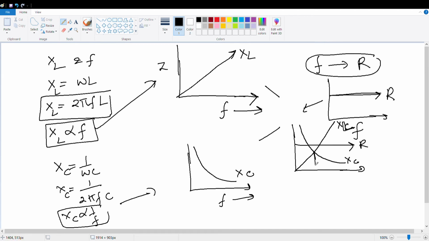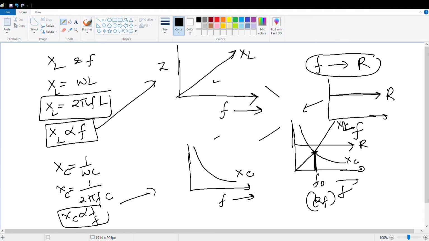And the point where your XC and XL are equal is the resonant frequency. Is it clear? Yes, sir. Aryan, clear? Understand the concept, then only will you remember it. Three graphs I am merging and writing in one graph.